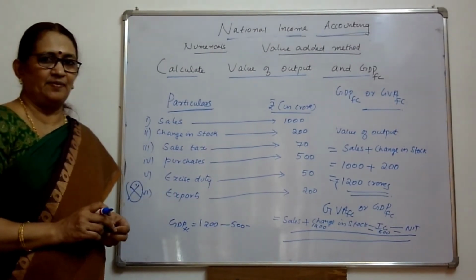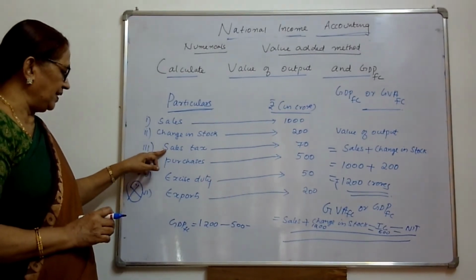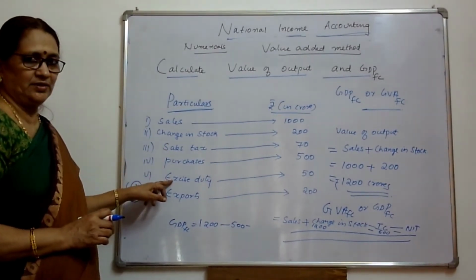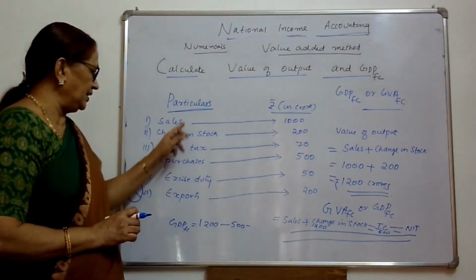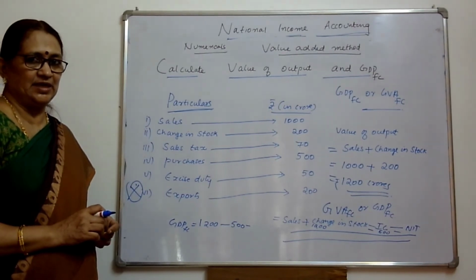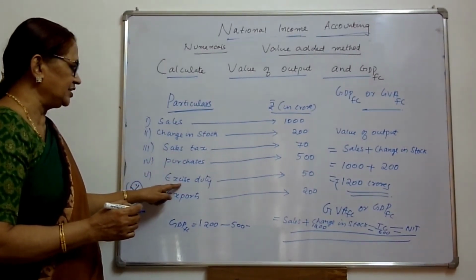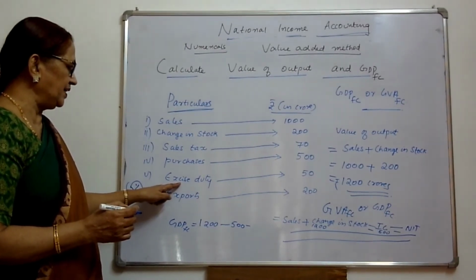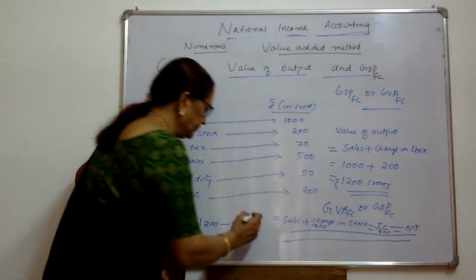All these are examples of indirect tax. Sales tax given, excise duty given, so we have to add them to get indirect tax. Subsidy is not given. So net indirect tax is equal to indirect tax minus subsidy, sales tax plus excise duty, that is 70 plus 50, 120 is the indirect tax.